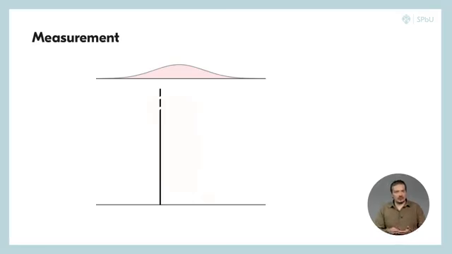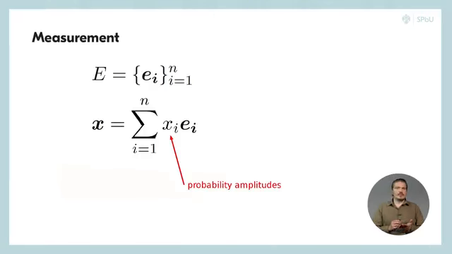Let's consider a simpler example with a finite basis. The letters E with a subscript here denote the vectors of some orthonormal basis. The letter X denotes the initial wave function.